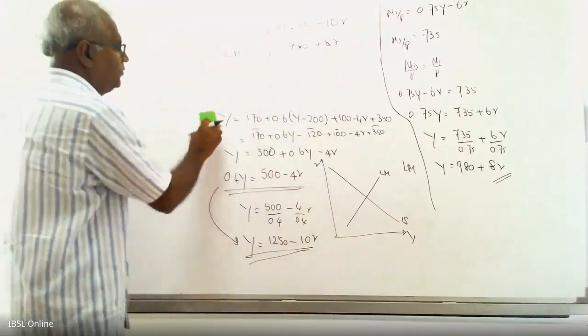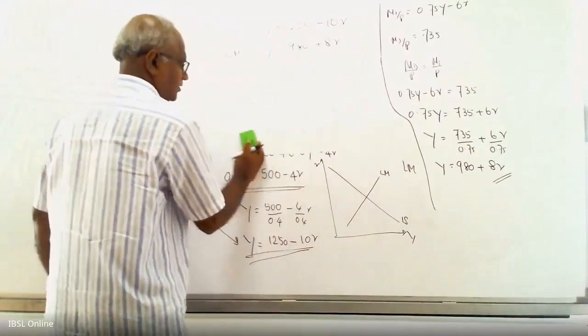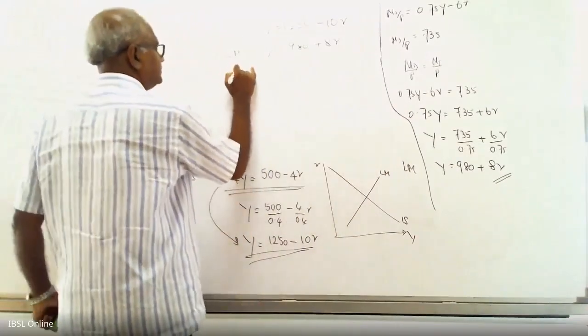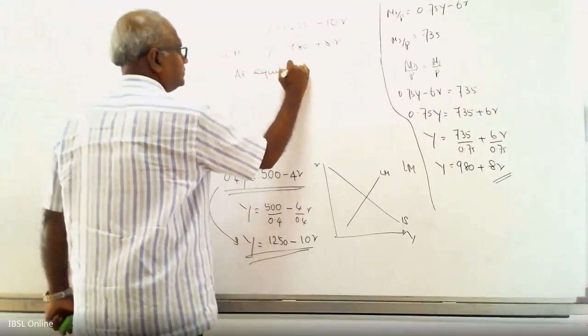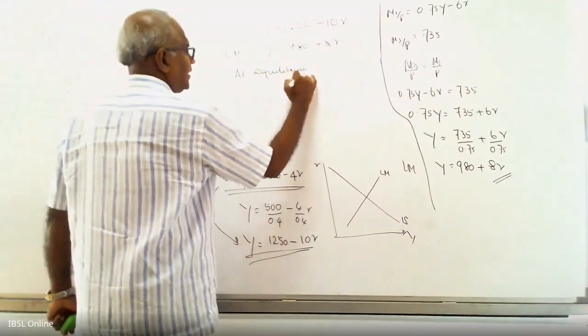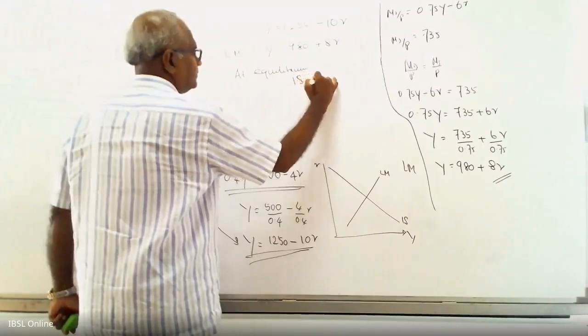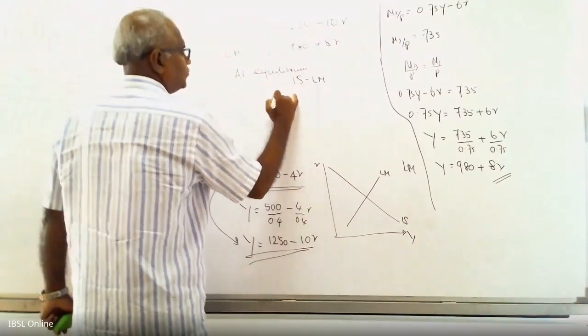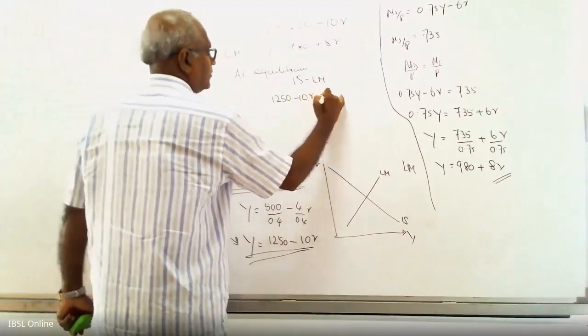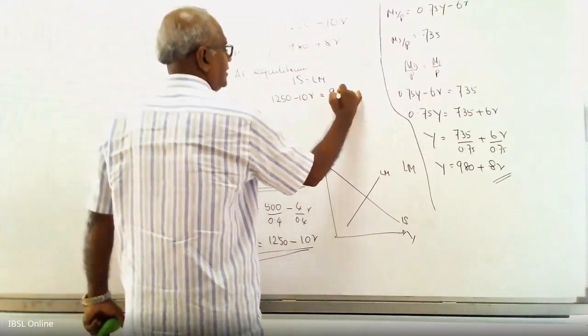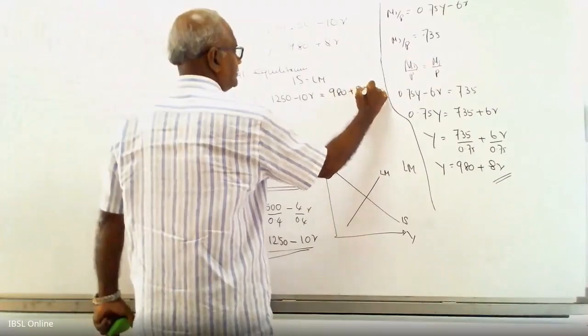Now, at equilibrium, what will happen? IS equals LM: 1250 minus 10R equals 980 plus 8R.